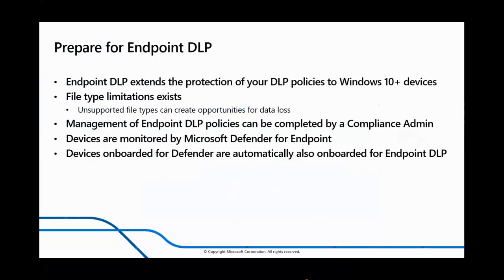It's important to know we have some unsupported file types that can create opportunities for data loss. For example, the files that this DLP policy supports are Office files, for example, Word files, Excel files, and PowerPoint files. Endpoint data loss prevention supports PDF documents, data stored in CSV files, also TSV files, TXT files, and data stored in RTF files.